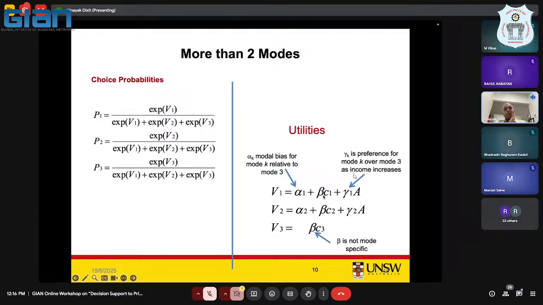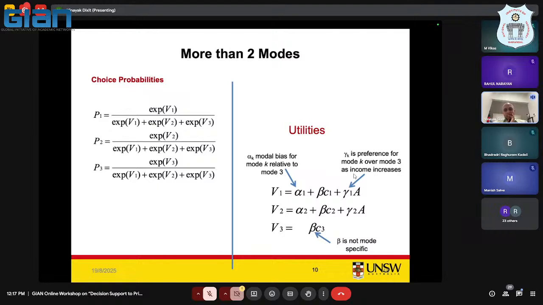So people prefer the differences in the cost or the differences in the services in the same way. If I take the partial derivative of any of these utilities with respect to cost, they are the same. The elasticity is going to be the same. But different attributes of the people might have different preferences towards each of these modes.